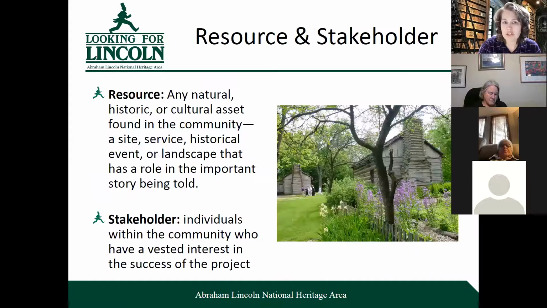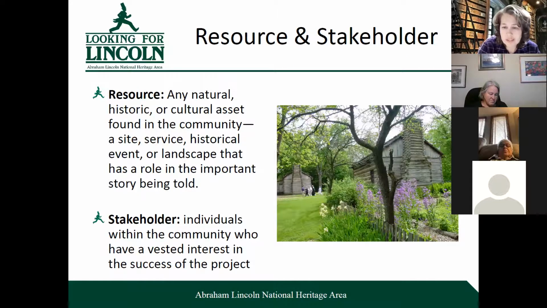So that begs the question, what is a resource? A resource is a natural, historic, or cultural asset found in a community. It could be a site, a service, a historical event, or a landscape that has a role in telling an important story. And a stakeholder is an individual within a community who has a vested interest in the success of the project.